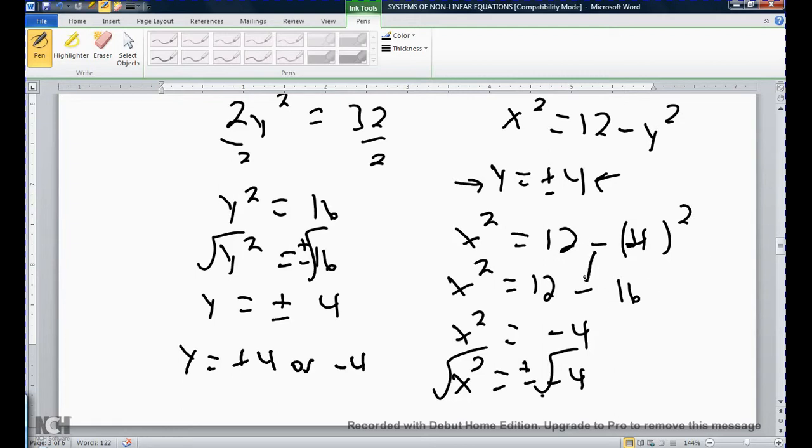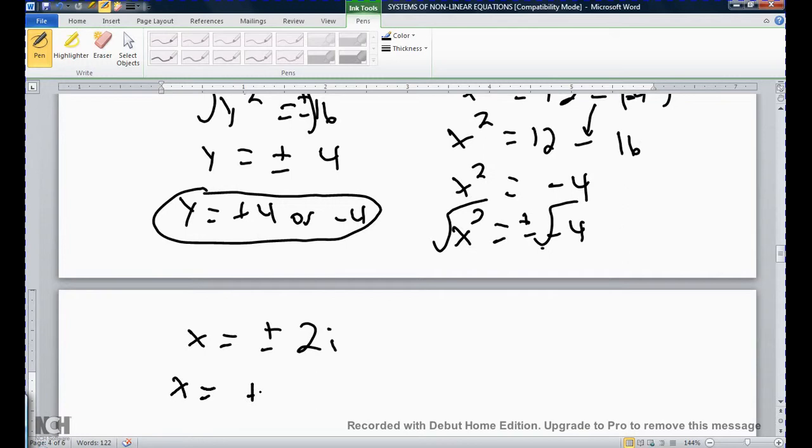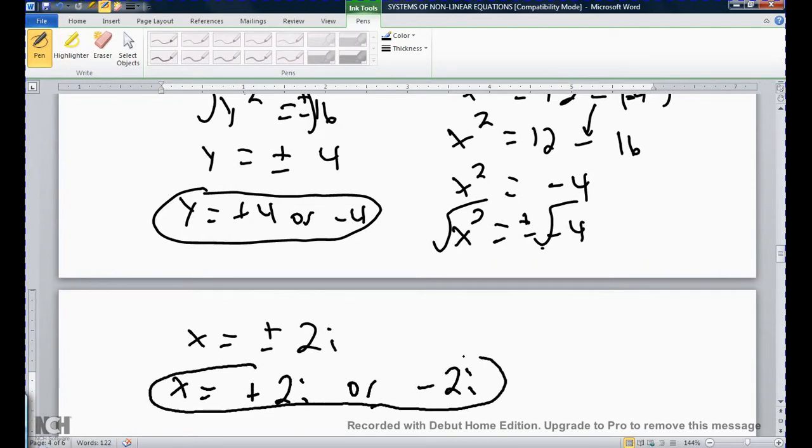That minus sign is with that minus sign. So in other words, we're going to get the same result. So in other words, we have two different y values, plus or minus 4, and when we get done solving for x, we have two different x values, plus 2i or negative 2i. So what that means is I need to list all combinations for those.